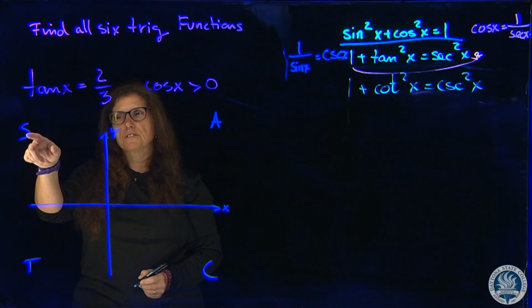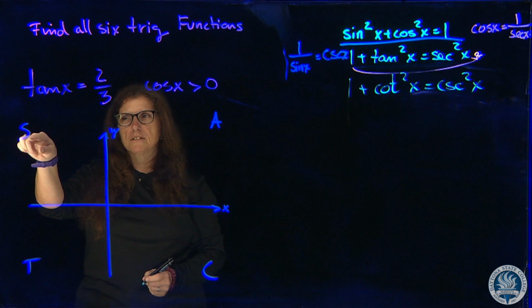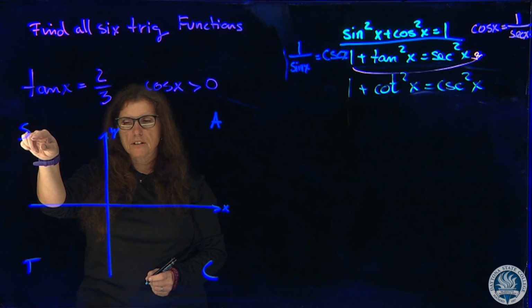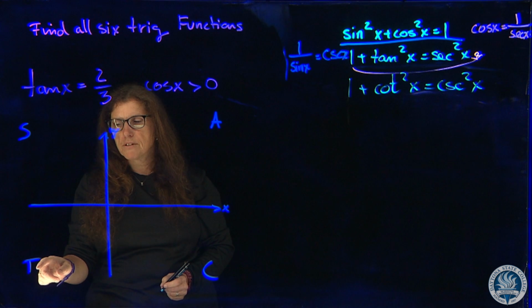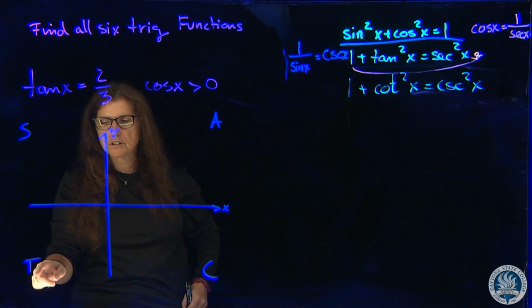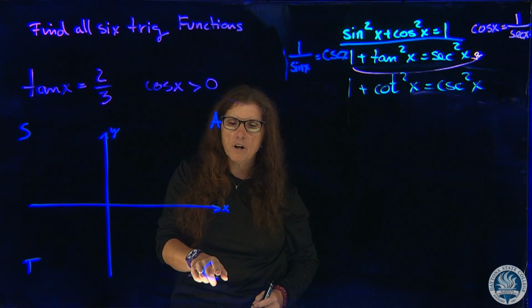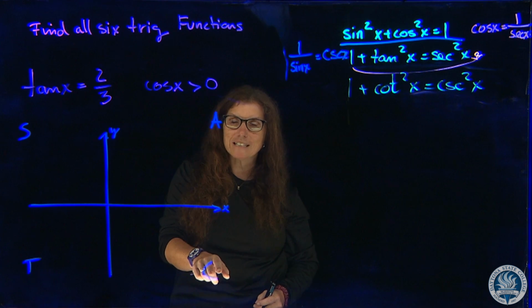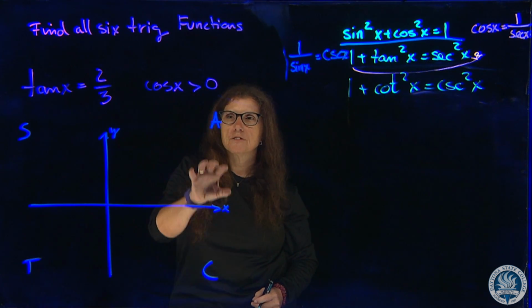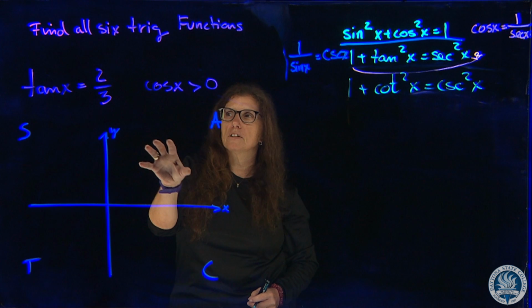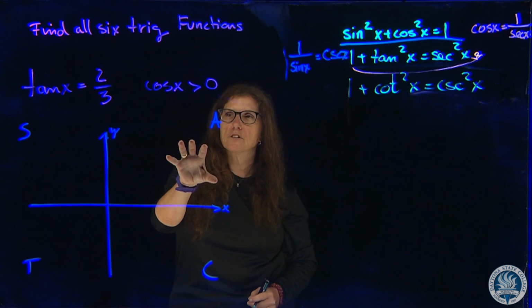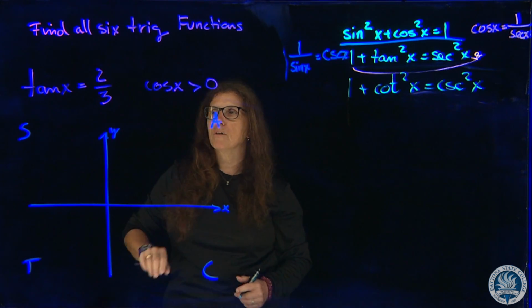So students in second quadrant, let me repeat it, the sine is positive and the cosecant. In quadrant 3, the tangent and cotangent are positive. And in quadrant 4, the cosine and the secant are positive. So the only quadrant where all trig functions are positive is in quadrant 1.